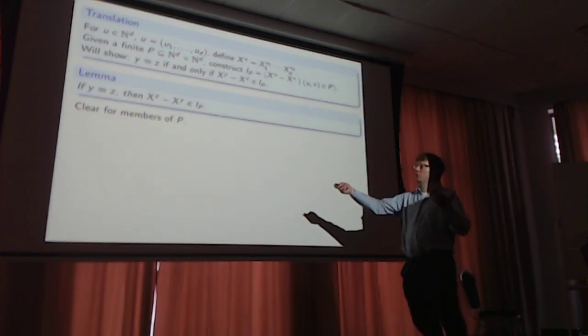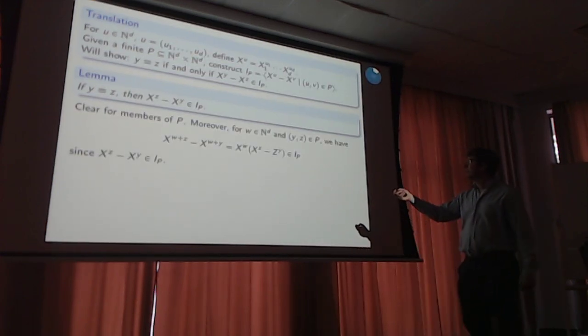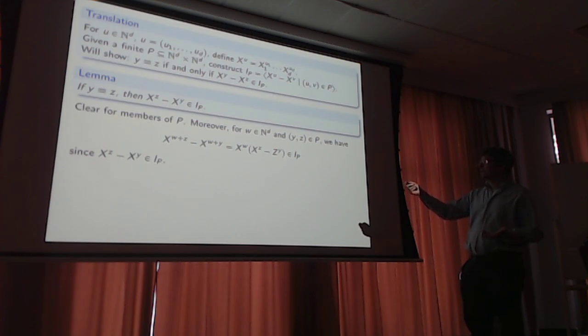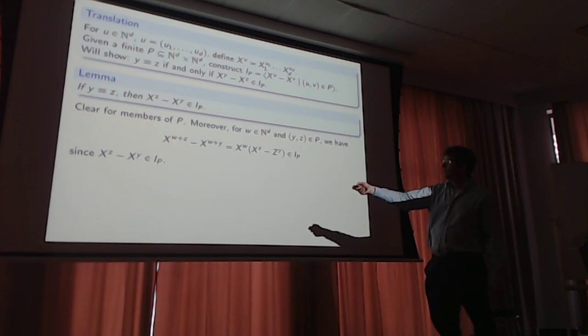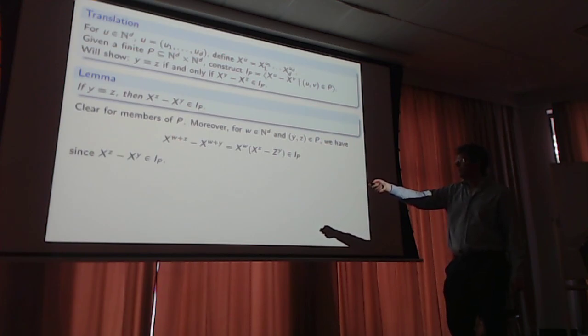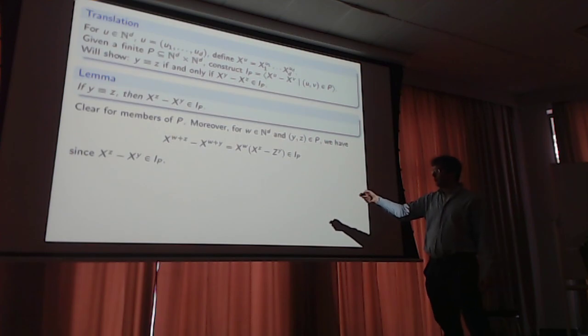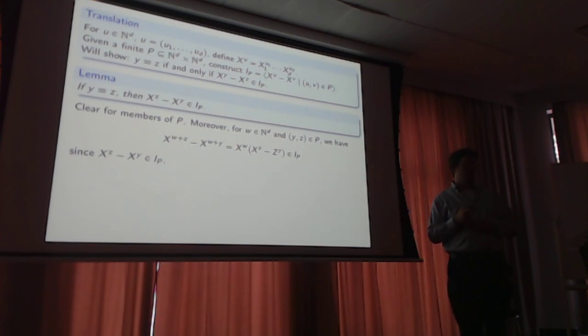For members of P, of course, by definition, and to simulate a single step relation, if you apply a step in the context of some added w, then you can write this difference polynomial as the polynomial that you have in there by construction, multiplied by one monomial, which you can do because it's an ideal. Because you can always multiply by arbitrary polynomials. Okay?